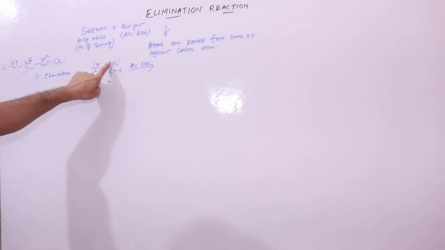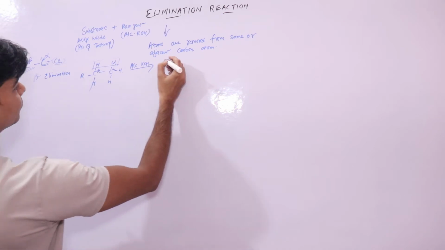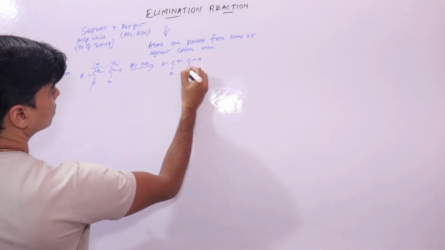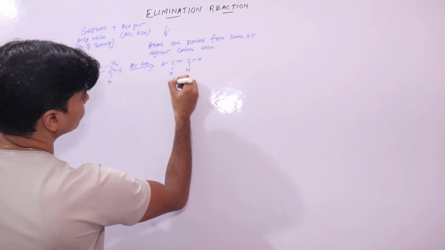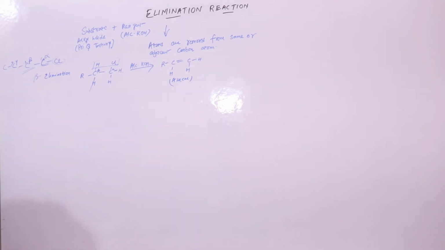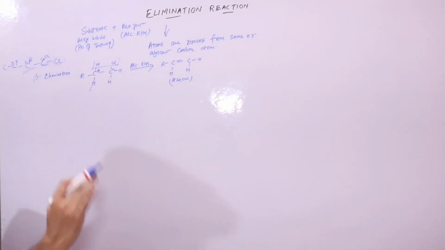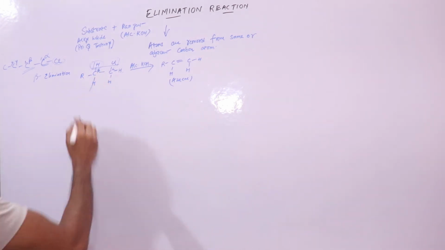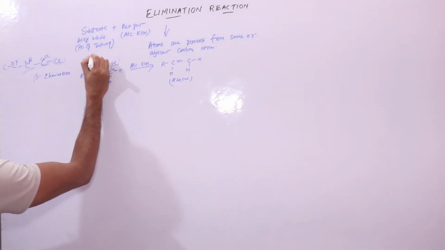These atoms, hydrogen and chlorine, would be removed from adjacent carbon atoms, alpha and beta. It results in the formation of an alkene. And this is beta elimination, because the second atom which is removed is from the beta carbon atom. And this hydrogen atom which is attached to the beta carbon atom is the beta hydrogen atom.